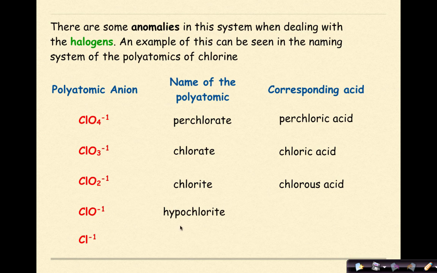ClO minus 1 is going to be hypochlorite for the name of that polyatomic. We still have that ite ending, so the acid here is going to be hypochlorous acid. We just kept the hypo there, so ite to ous. And finally, Cl minus 1 is going to be chloride. We've already done this one, and that's going to be hydrochloric acid.